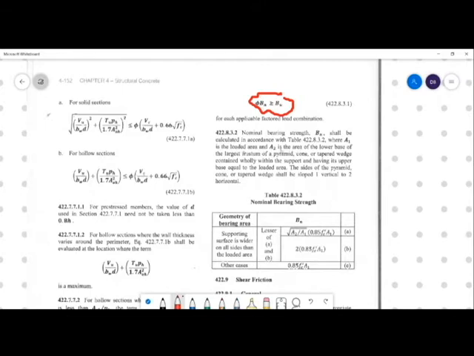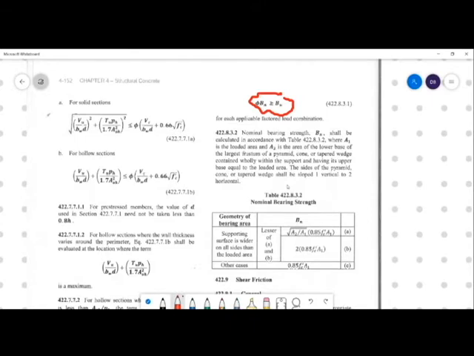And A2 is the area of the lower base of the largest frustum of a pyramid, cone, or tapered wedge contained wholly within the support and having its upper base equal to the loaded area. The sides of the pyramid, cone, or tapered wedge shall be sloped one vertical to two horizontal.